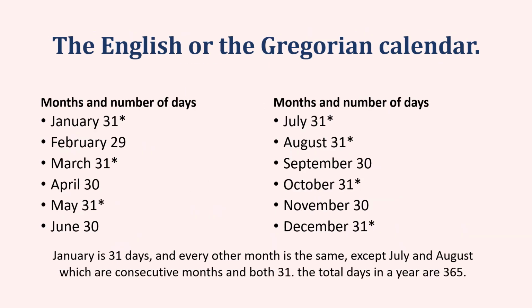So as far as the English or the Gregorian calendar is concerned, the months of the year have a fixed number of days every month. So for example, January is 31 days and every alternate month is the same 31 days except July and August, which are consecutively both 31 days.